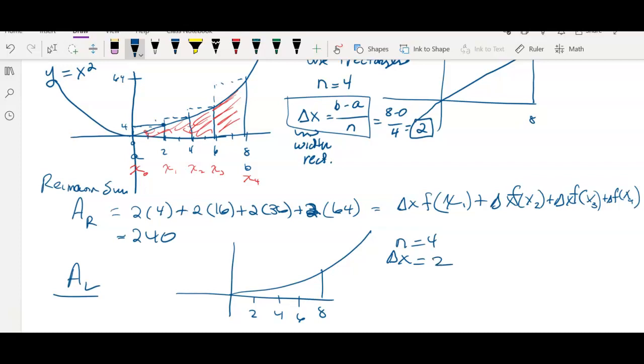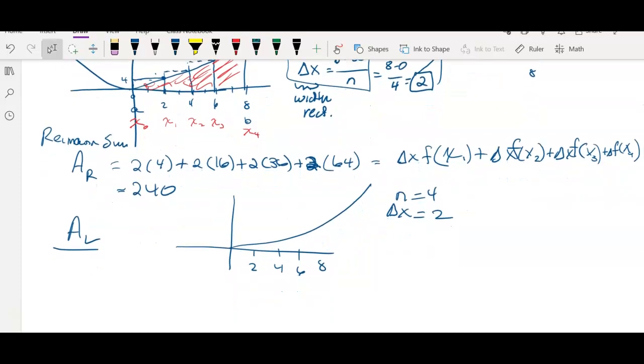The look of our rectangles changes, though. Let's get rid of that line. Now the rectangle is going to have the left-hand side touching. So at any given value, I'm just going to use 6 for a second. When I draw my rectangle between 6 and 8, I want the left side to touch. Do you see that? I want the left side to touch.